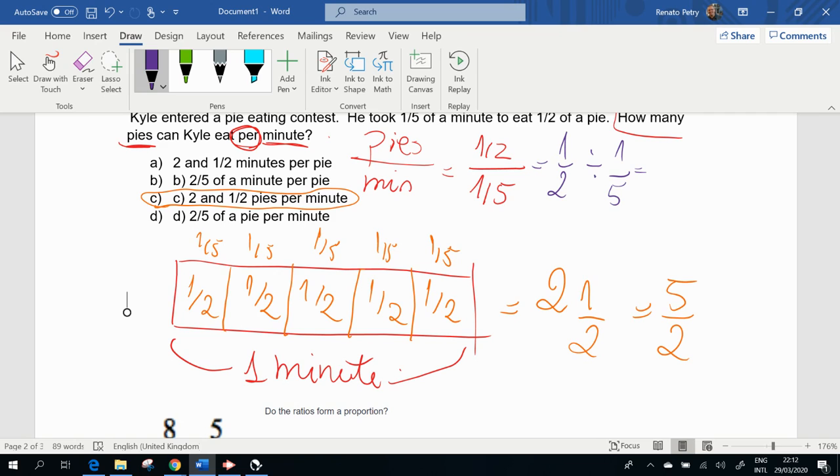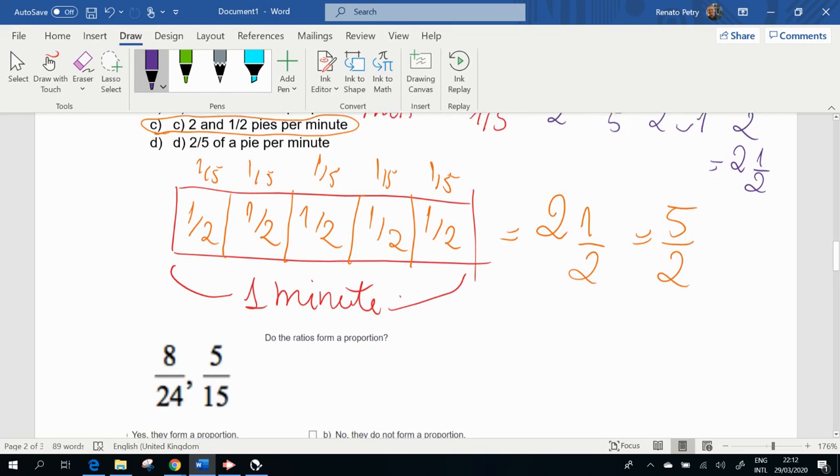We learned in our unit 2 that we copy the first, write the reciprocal of the second, and multiply. This will also be 5 halves, because 1 times 5, 2 times 1, which is the same as 2 and 1 half. So the idea is the same for both.